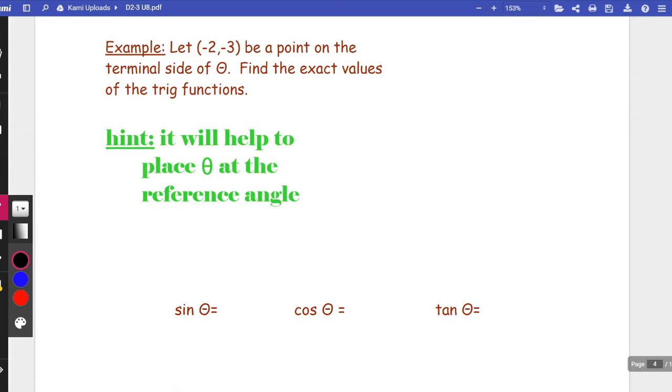I'm not sure what we're going to do. Okay, so it says let -2, -3 be a point on the terminal side of theta. Find the exact values of the trig functions. Basically, don't get hung up on what it's saying, all this stuff. All we need to do is plot the point.